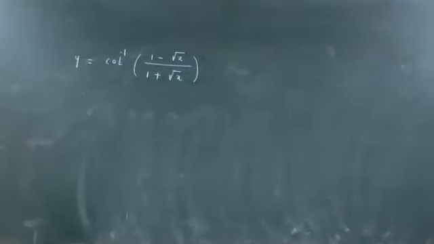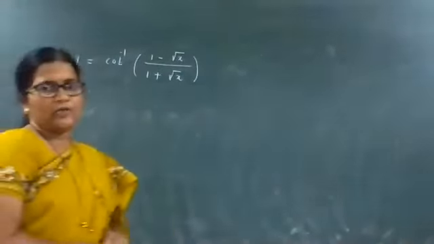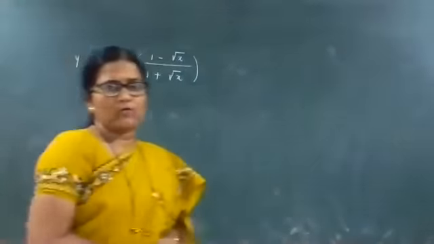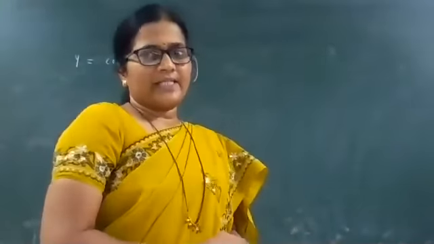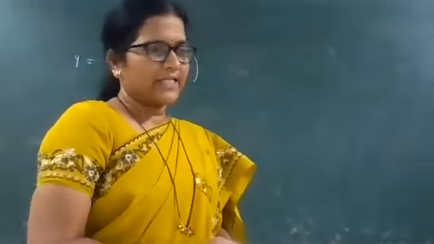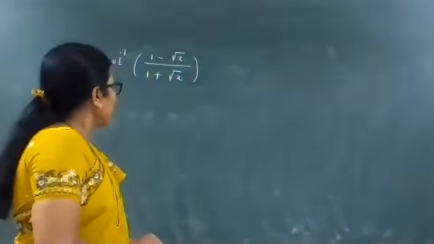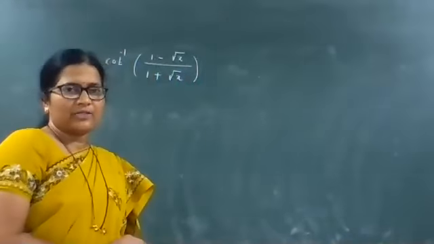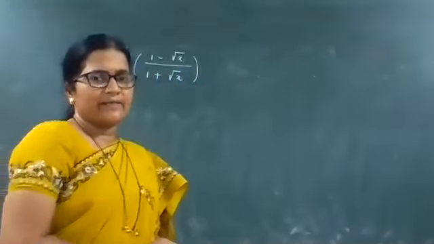Cot inverse of 1 minus root x upon 1 plus root x. So what you are going to use here? Think over it, and we'll solve in the next lecture this example because I have very less time with me. I cannot complete this problem in this lecture. We'll continue this in the next lecture.